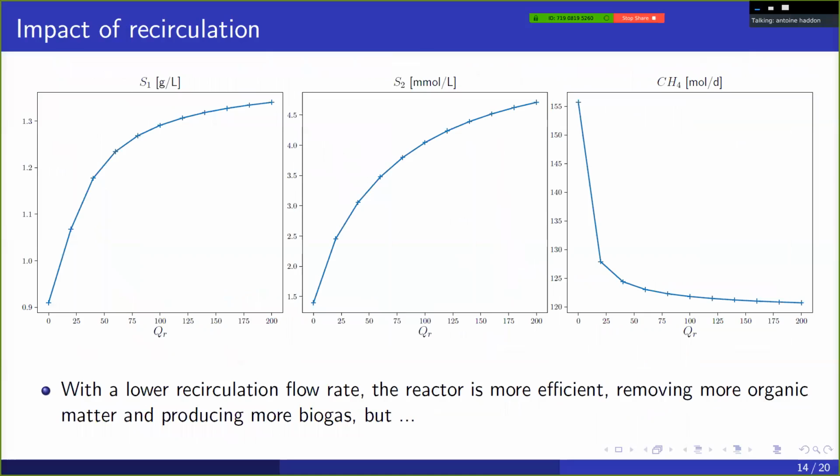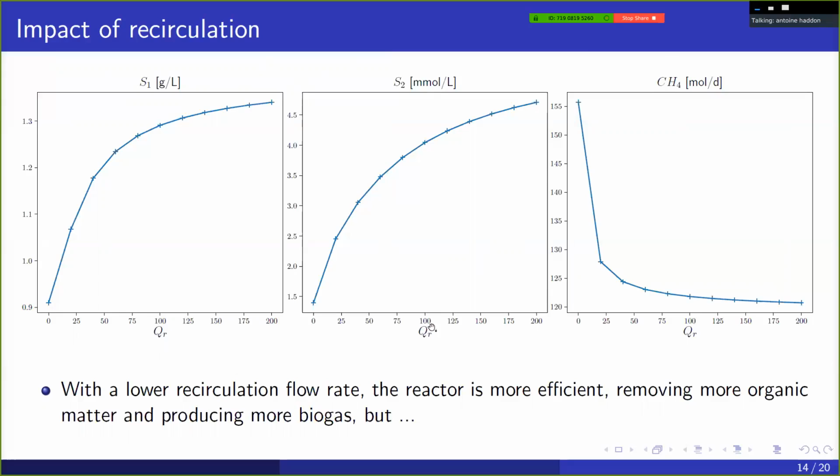And then what we can do is look at the impact of the mixing and the impact of heterogeneity on the biological activity. So here what was presented is the values at equilibrium of the first and second substrates, and also of the biogas flow rate at equilibrium, as a function of the recirculation rates.